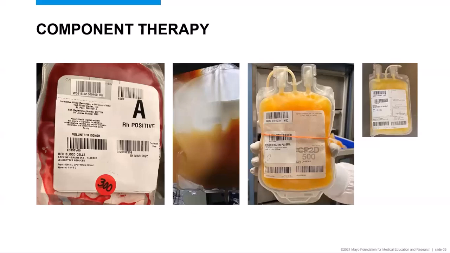In fact, it only has fibrinogen, factor 13, factor 8, and von Willebrand factor. These are very important factors when it comes to hemostasis, which is why it's a product we should be using in our bleeding patients, but it's also why it's not the only product that we're using in our patients.